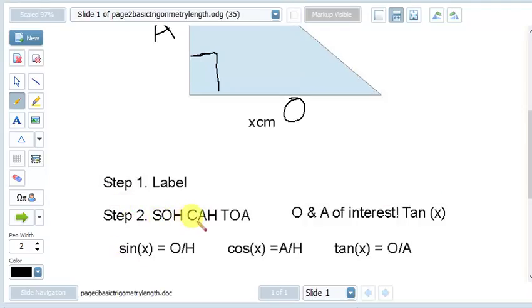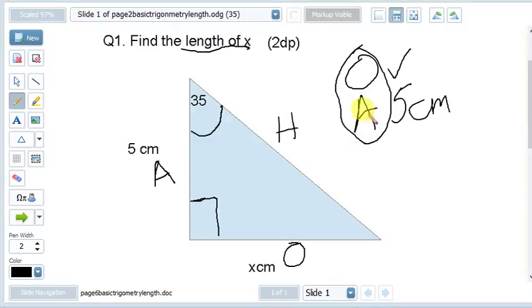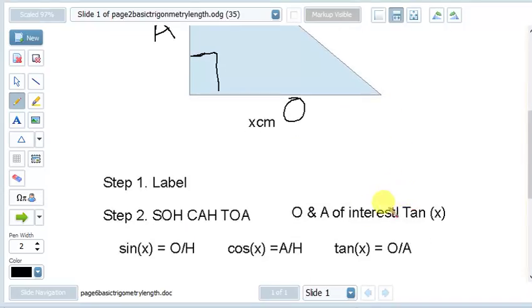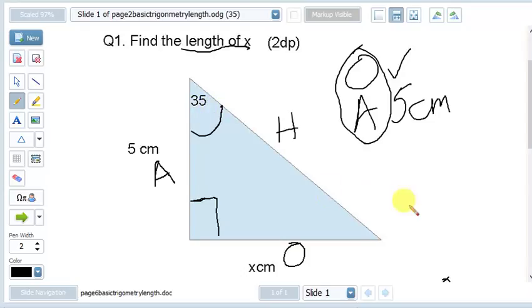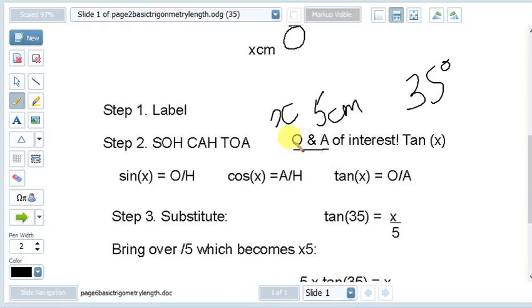As we see here, O and A are of interest because O is x, and that's what we're trying to work out. A is 5 centimeters, and the angle is 35 degrees, so we'll make a quick note of that. If we're after O and A, it's tan.